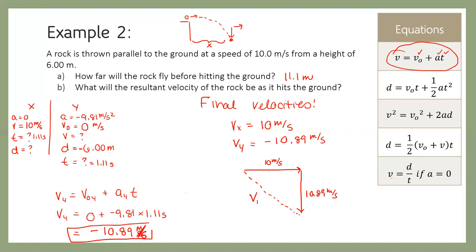The velocity of the resultant is going to be the diagonal. Now you know your a squared plus b squared equals c squared. So the velocity squared is going to be equal to 10 squared plus 10.89 squared. And you can leave the negative sign out when you're putting it into the Pythagorean theorem. That's fine.